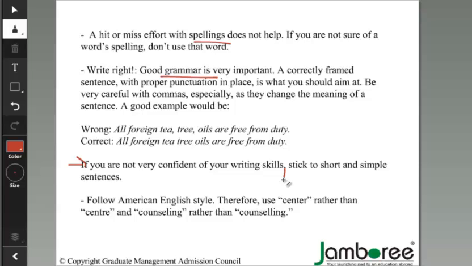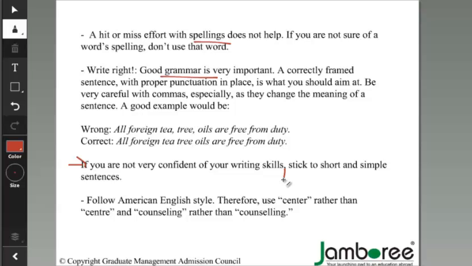Not all of us are Chetan Bhagat or Amish Tripathi, right? We think in bullet points. So just stick to short and simple sentences. You are not getting extra points for writing sentences that are 5-6 paragraphs long. Just make your sentences short, simple. Write words that you know the meaning of.